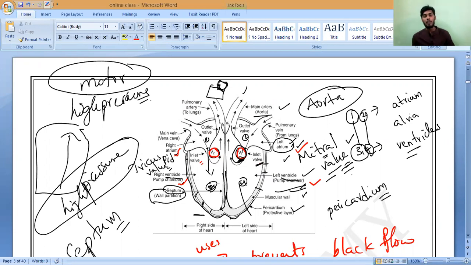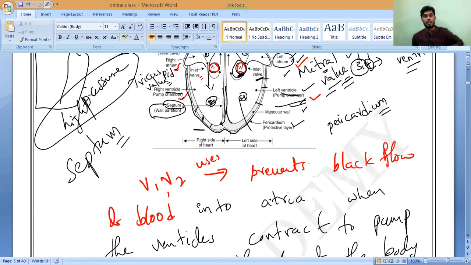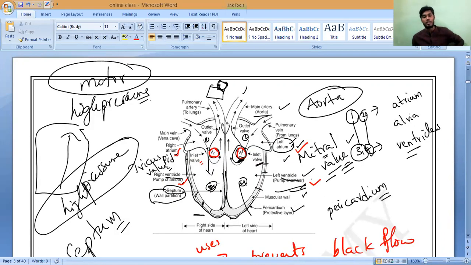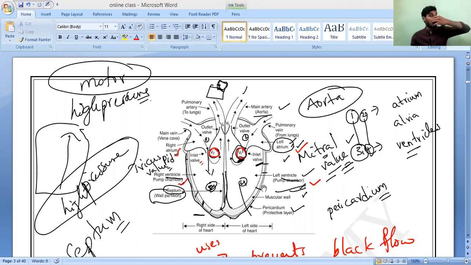So the main artery which is connected to the left ventricle through the valve V1 is called the aorta. This main artery carries which blood? Oxygenated blood, from the left ventricle to all the parts of the body.